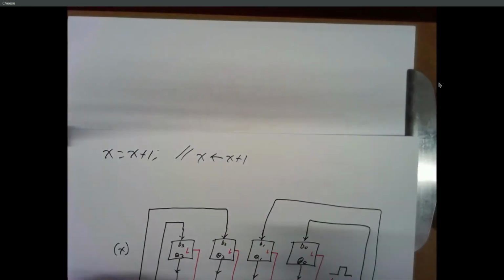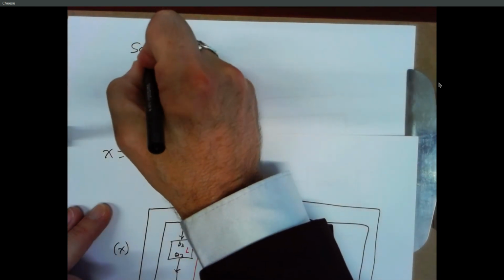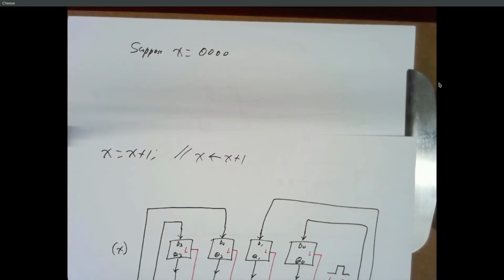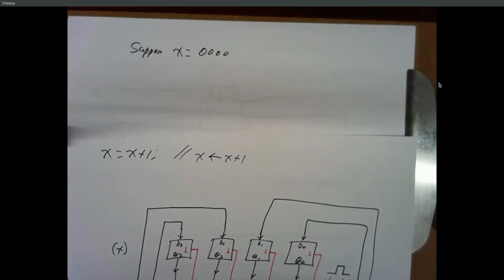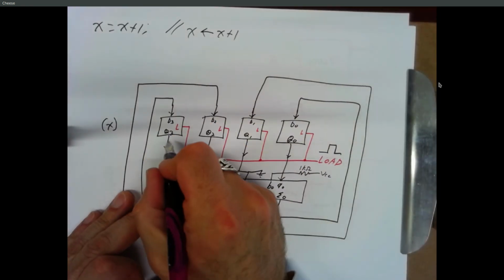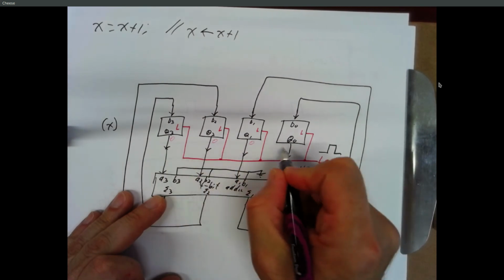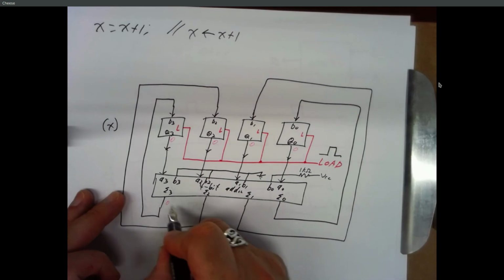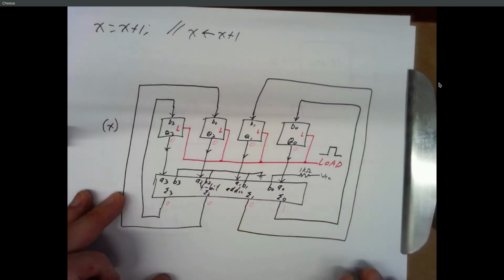Let's suppose X starts off at 0. So each of these is a 0. So we get 0 and we add 1 to it, so the output of the sum here is 0, 0, 0, 1.